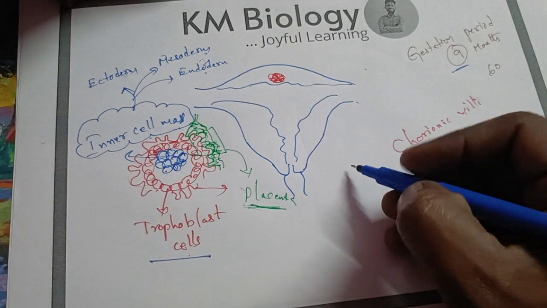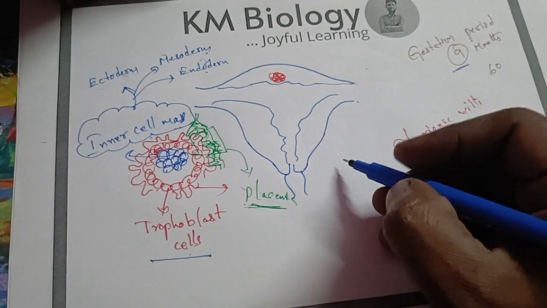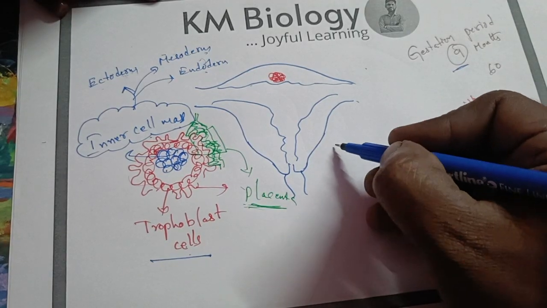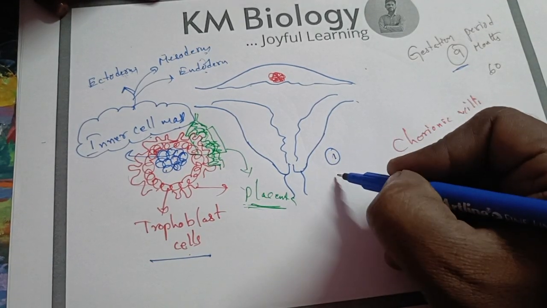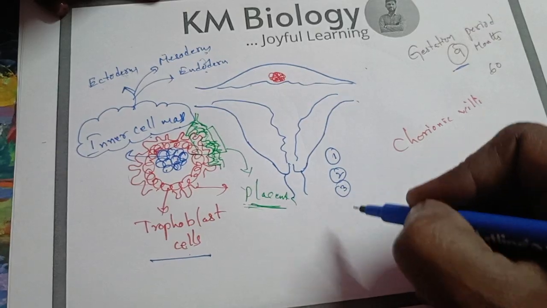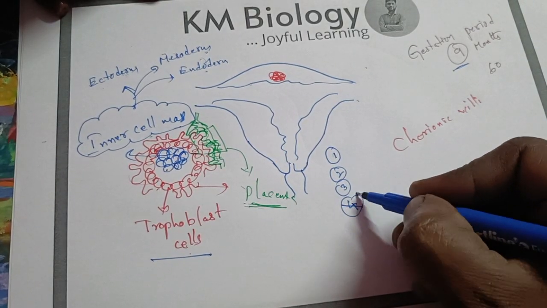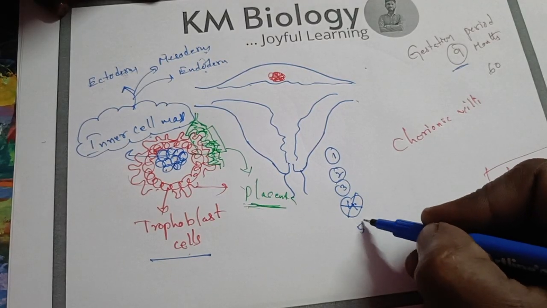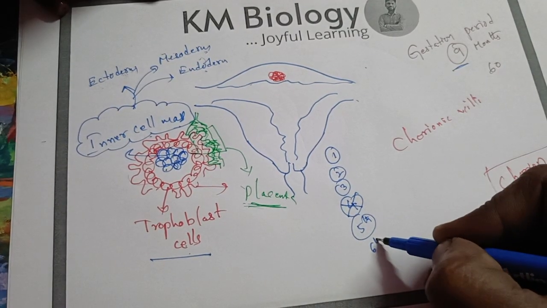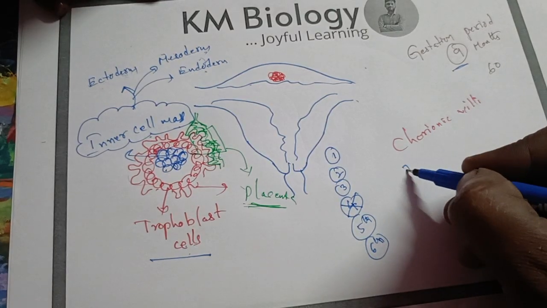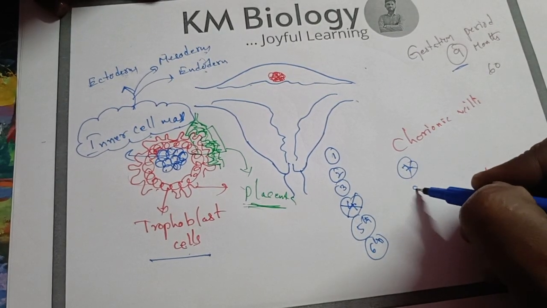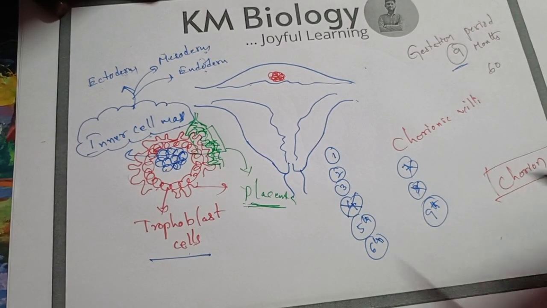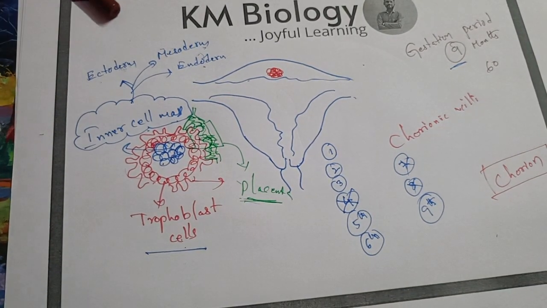In NCERT it is given that there is specific development at each month. So let's see: first month, second month, third month, fourth month they have not given anything particular in NCERT. Fifth month, sixth month, seventh and eighth months they have not given anything directly, and ninth month. Let's see what changes you notice here.